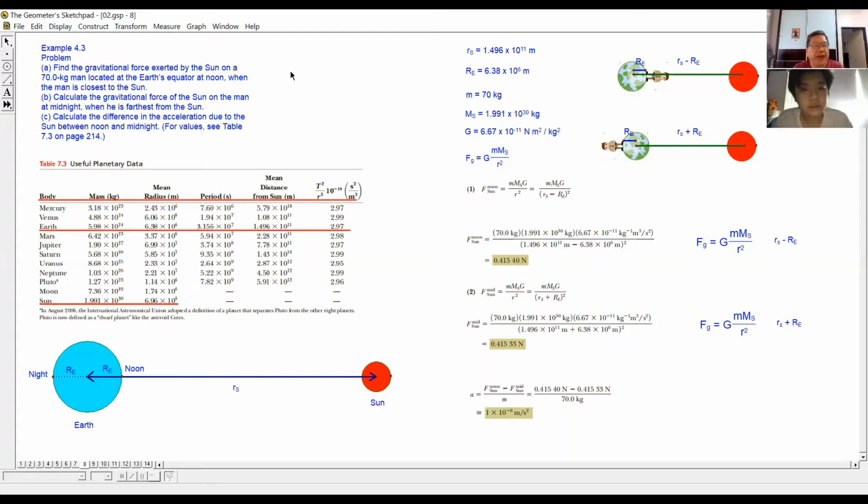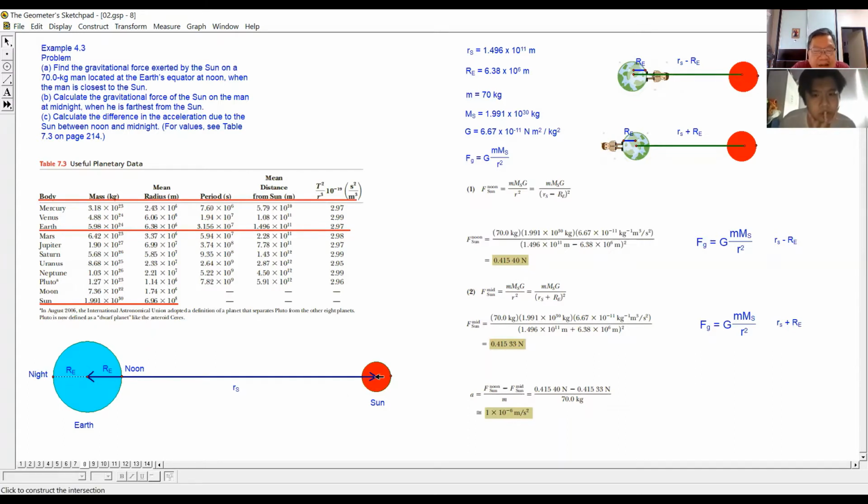Okay. Now, let's say this blue circle here is the sun. This blue circle here is the earth. Now, the distance between the sun and the earth is actually measured from the center of the planet.